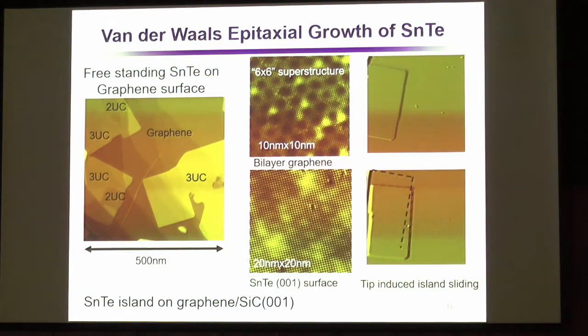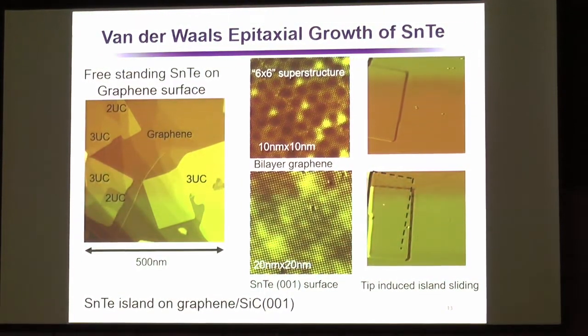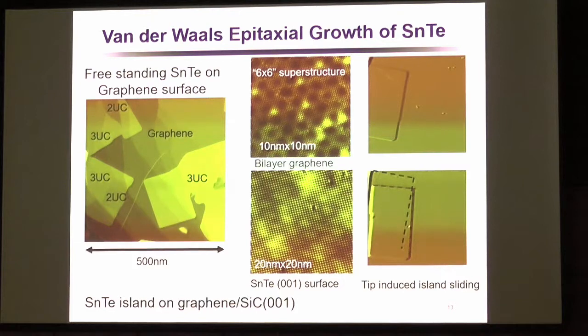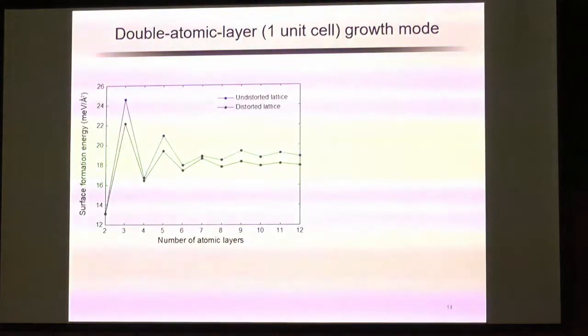But during the scanning, there are some interactions between the tip and the island, and you can see the whole island sliding on the graphene surface. That means if you give a very small force, the island can move. So the interaction between our film and the substrate is quite low. It's nearly a freestanding film.